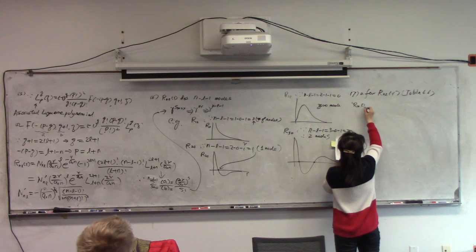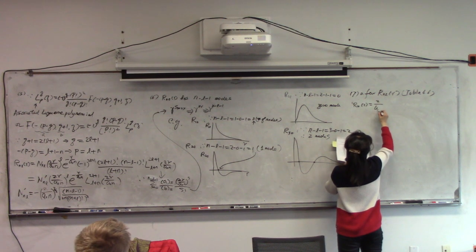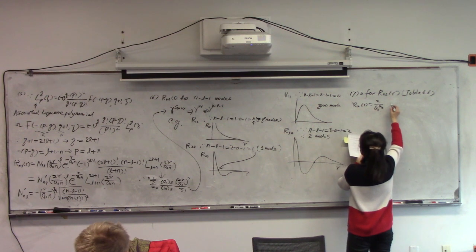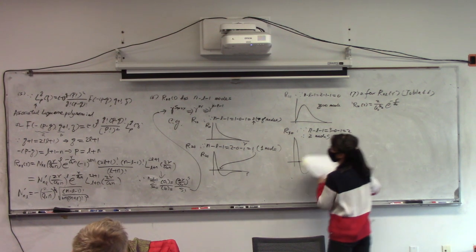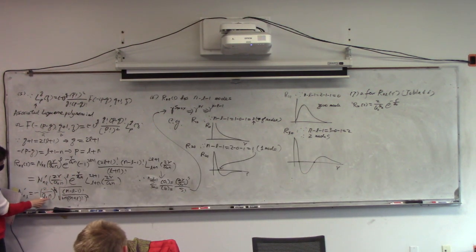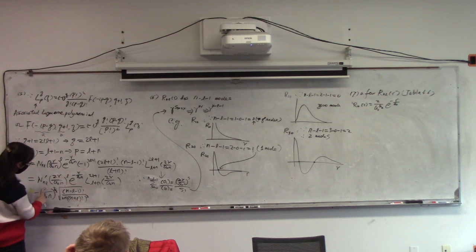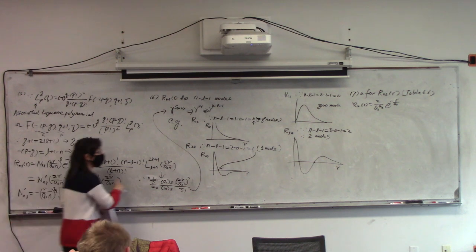That is exponential: 2 over a naught to the 3 over 2, times exponential of minus r over a naught. With n equal to 1, those terms give 1.